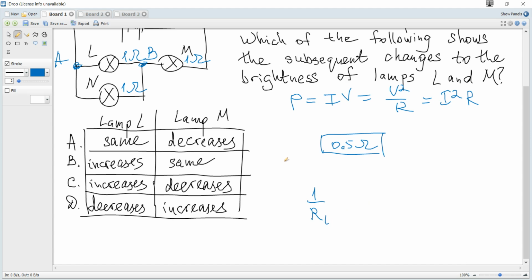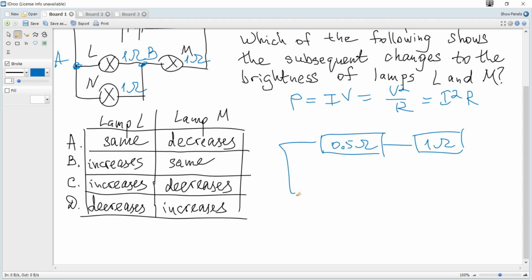And actually, what does total resistance mean? It means that we can consider these two lamps as one component which has a resistance of 0.5 ohms, and another lamp with resistance of 1 ohm.